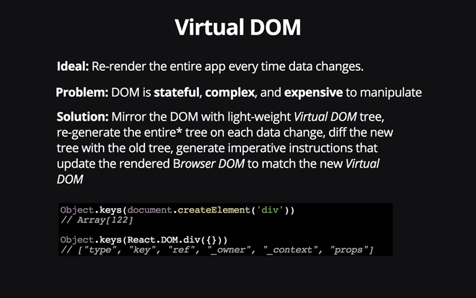So then our solution is to use these React virtual DOM divs and other elements to create a lightweight tree that mirrors the actual DOM. And so every time that you change the data in your application, you re-render the entire tree using the virtual DOM, and then you do a diff of the new virtual DOM with the old virtual DOM, and then React will generate a set of imperative instructions that will update your UI so that it goes from the old state to the new state.